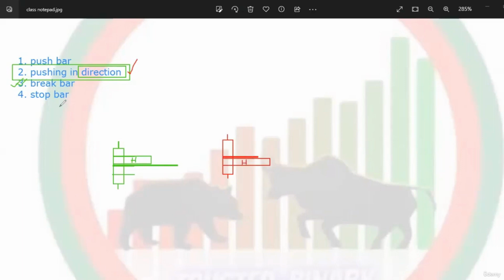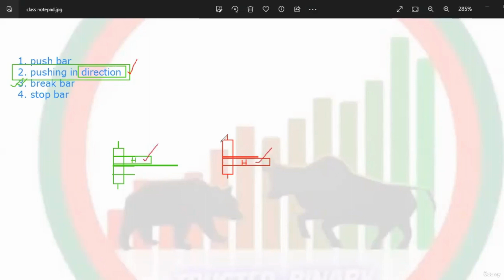So what do we mean by break bar? If we see this candlestick, we already know that for any strong candlestick, 50% we can take as a level. So above that 50%, or in the downtrend market, in the bearish candlestick below the 50%, when volume is high, that means the power of control is at this area.